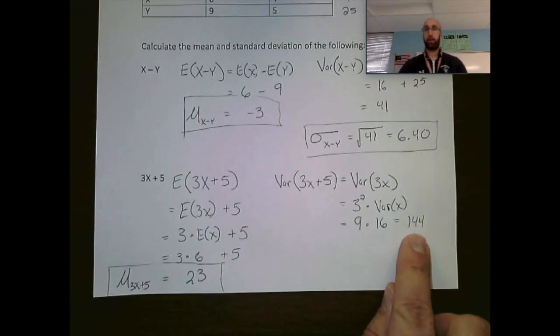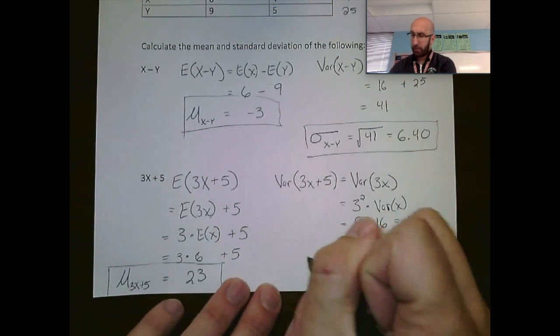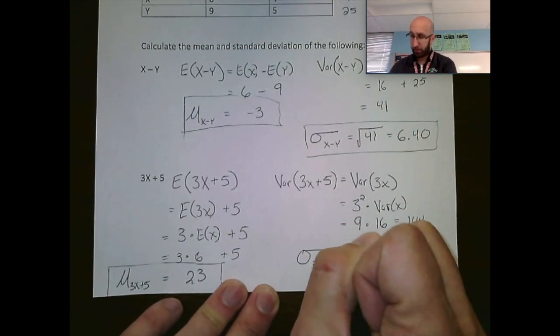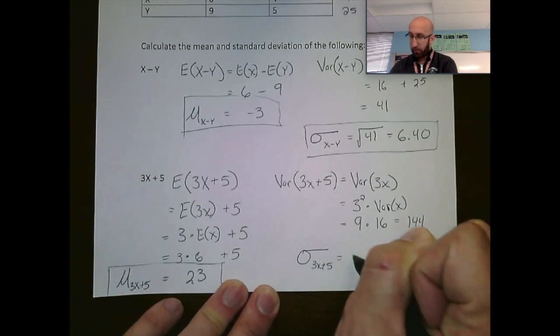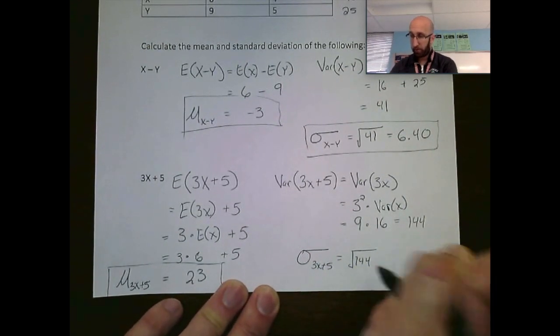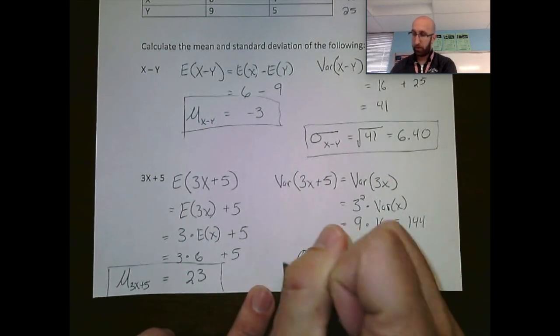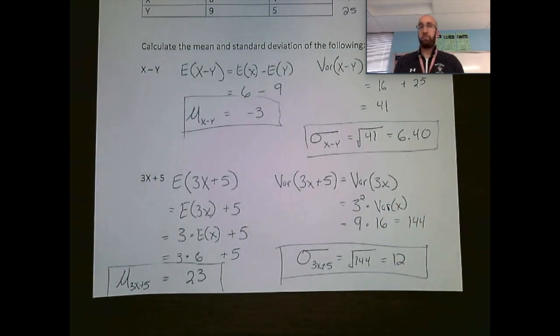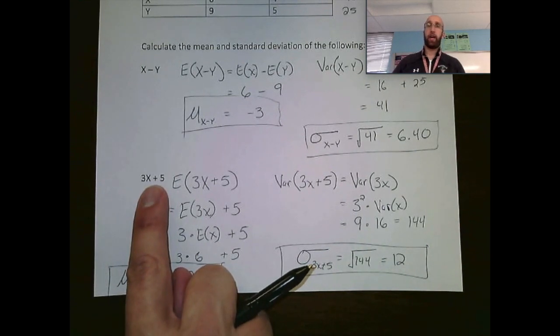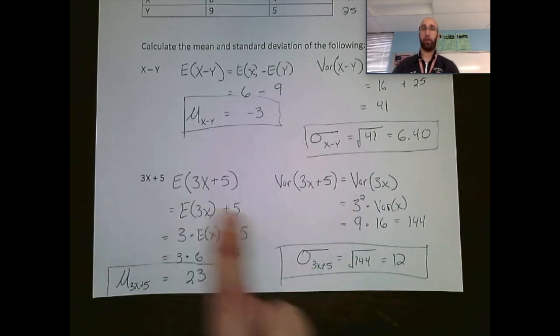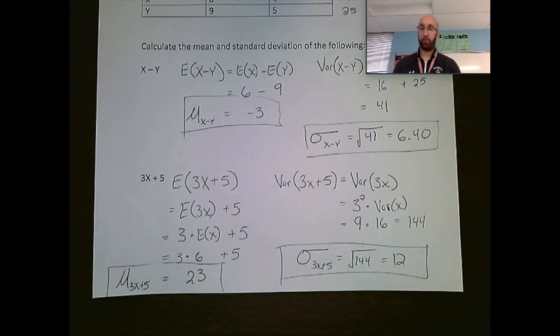So that's my new variance. To get my standard deviation, represented by sigma of 3x plus 5, we just need to do the square root of our variance, which is 144. Square root of 144 is 12. So if I take the random variable x and want to do 3 times x plus 5, my new mean is 23. My new standard deviation is 12.